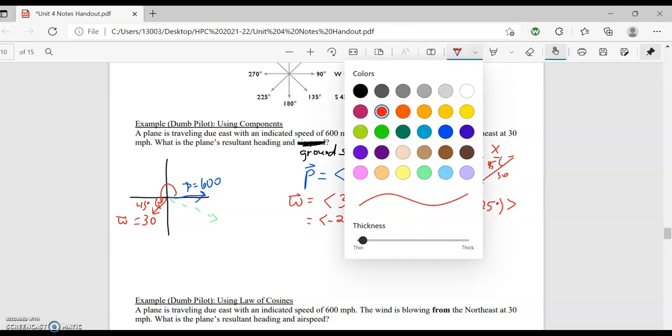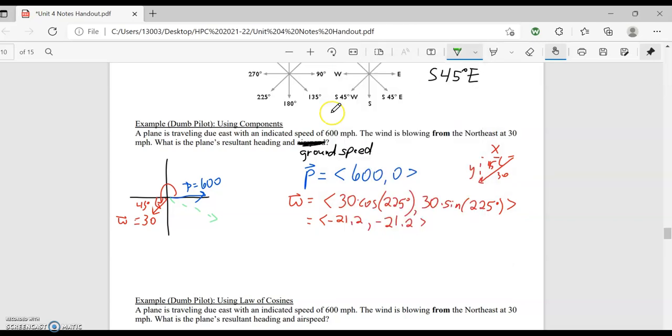Now, what we don't know yet is the resultant, the actual. I do have a bit of a green line here, but that doesn't represent the exact value. What we're trying to do is find P plus W. That's the vector that represents where the plane is actually going from a radar perspective.